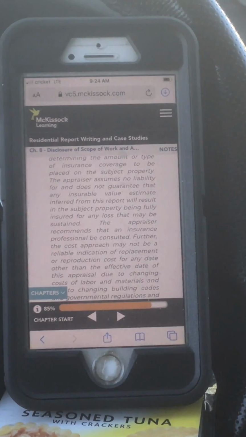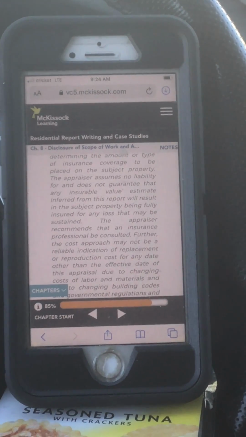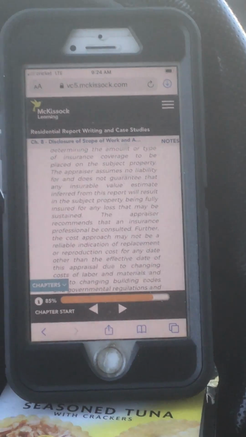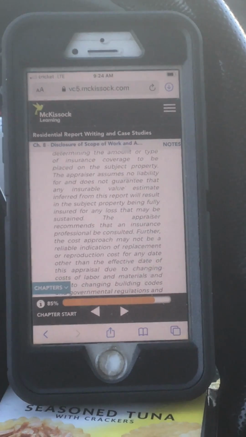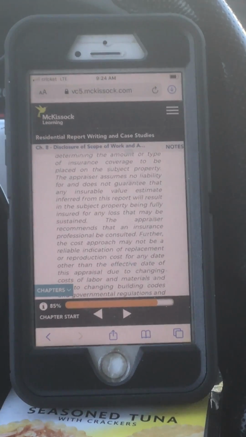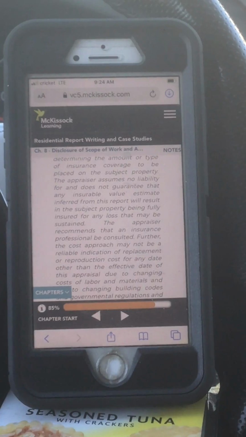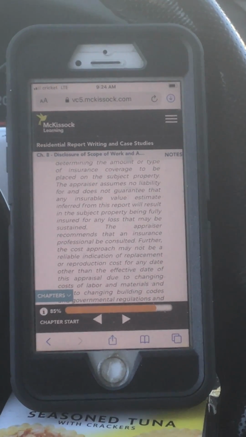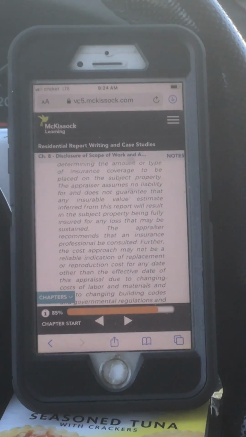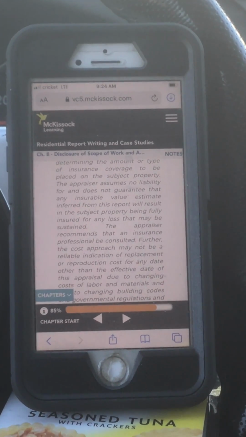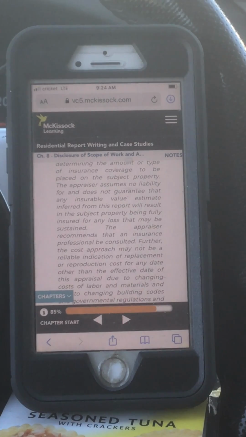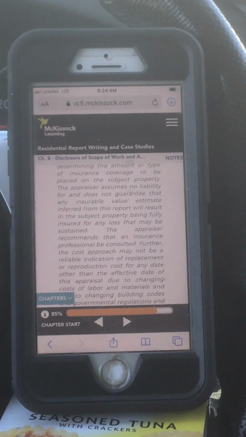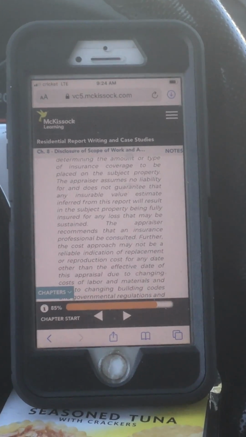The appraiser assumes no liability for and does not guarantee that any insurable value estimate inferred from this report will result in the subject property being fully insured for any loss that may be sustained. The appraiser recommends that an insurance professional be consulted.